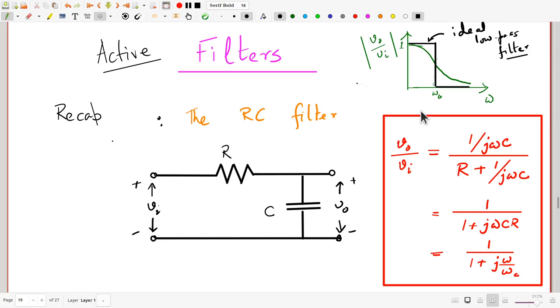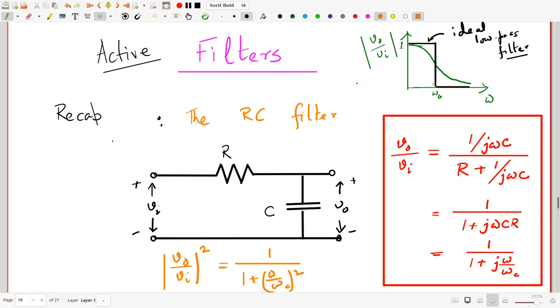So what exactly is a Butterworth filter? A Butterworth filter essentially generalizes this expression. Notice that the VO by VI magnitude ratio that you have here for the RC filter is given by 1 by square root, or let's talk about the square of this. That's 1 plus omega by omega C whole square.